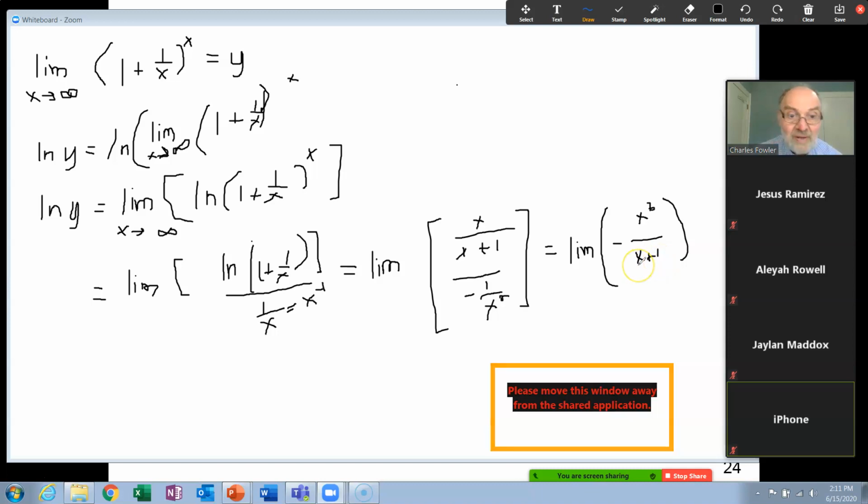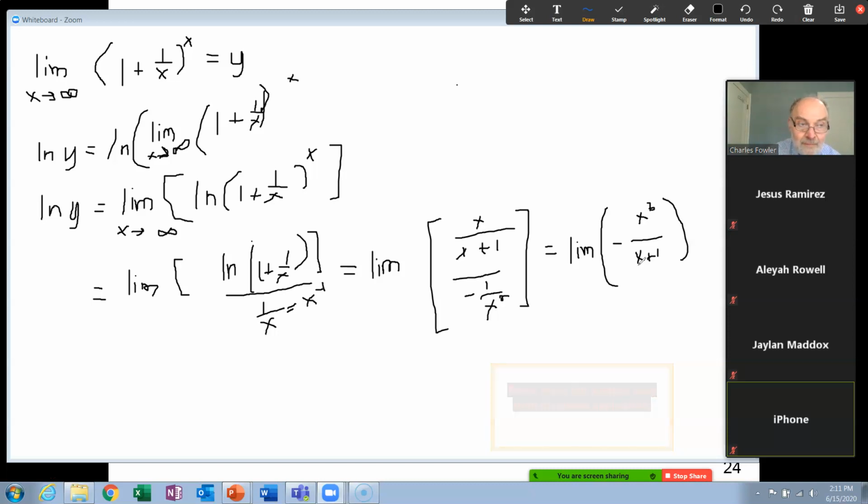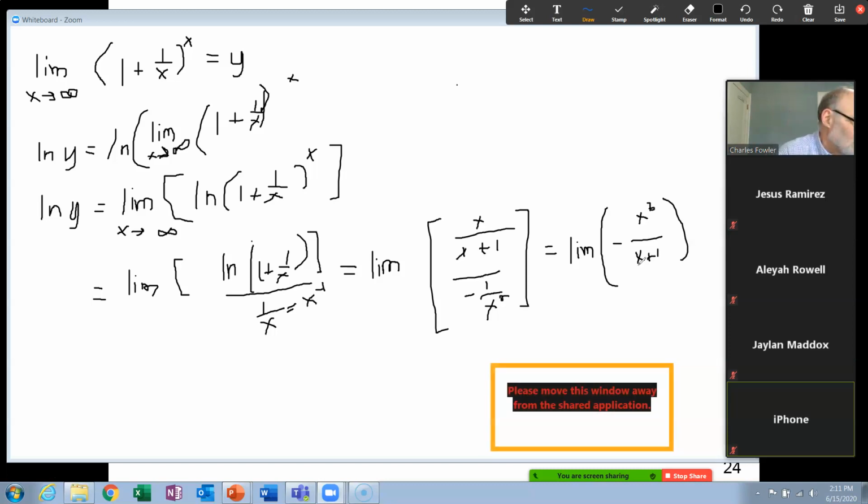Well, 1 over x squared is going to 0, and 1 over x cubed is going to 0. So you would have a 1 over 0, which is, that's not really fair, is it? Something is screwed up here. Mostly me.